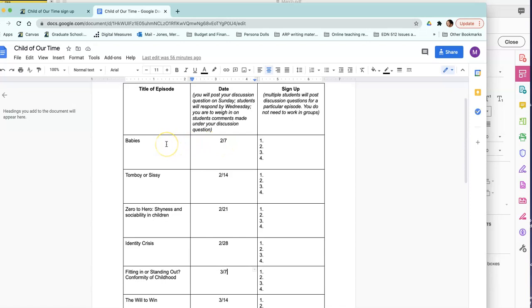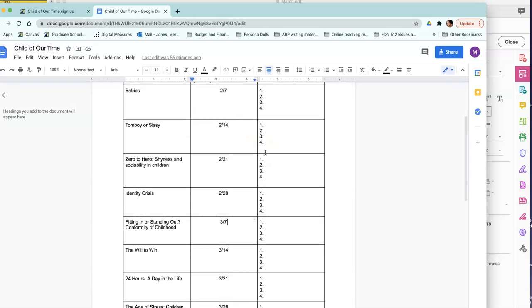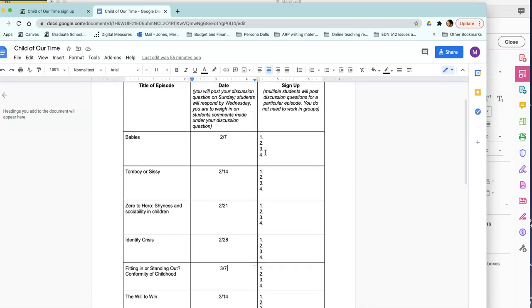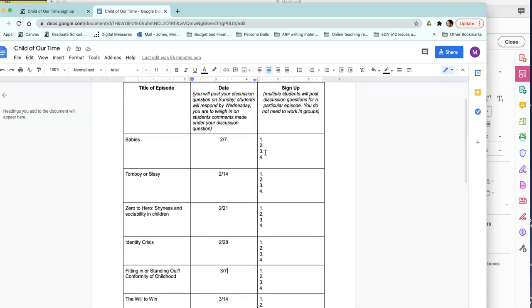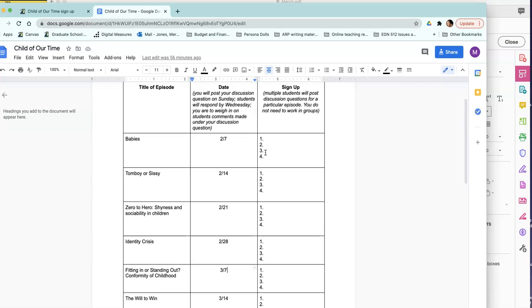So if you're facilitating the Babies episode, you have to have your questions posted by February 7th. And like I said, there'll be 3 to 4 people for each group. So again, you need to sign up by January 24th. That way, because the following week is when everybody will start watching Babies, we'll get started. All right.